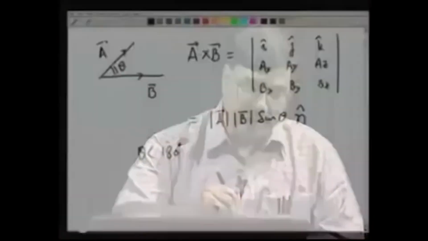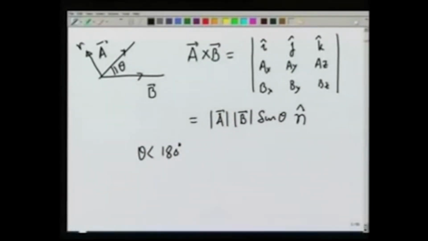So, it will be somewhere like this, maybe coming out of this plane of the board. How about whether n is this way or this way? This is answered by the right hand rule. You turn a towards b through the smaller of the angle, and the thumb gives you the direction of the vector product.